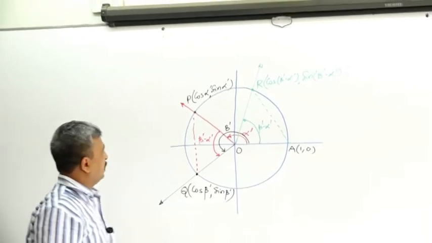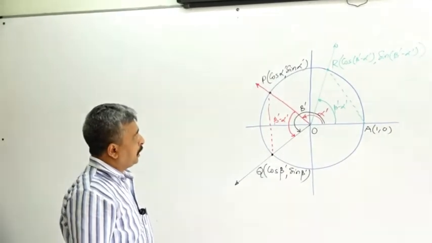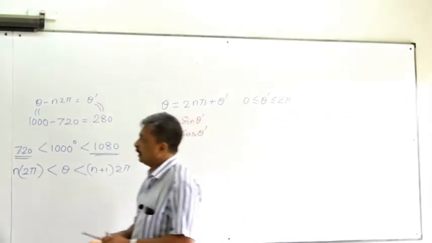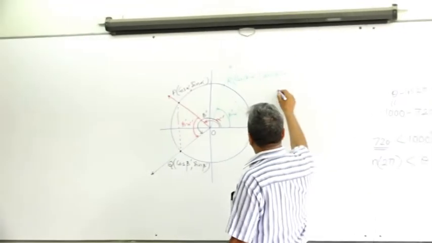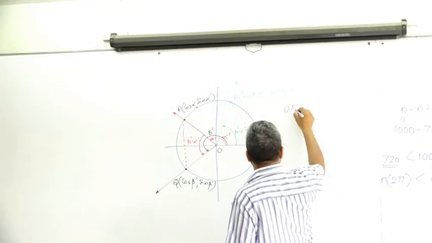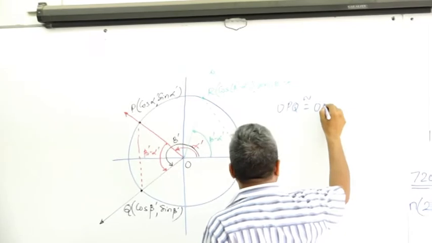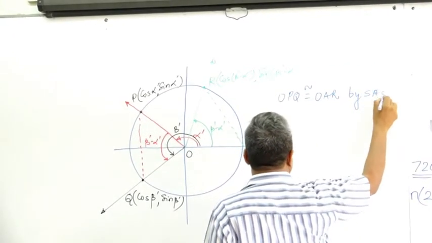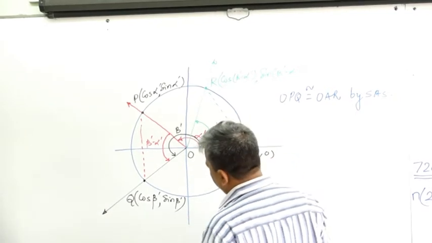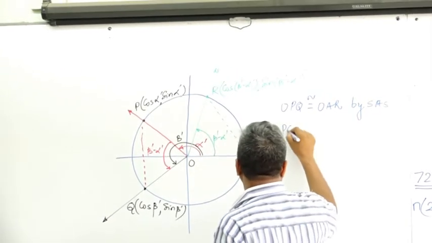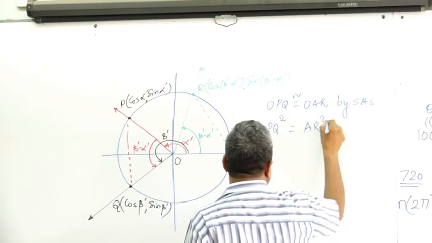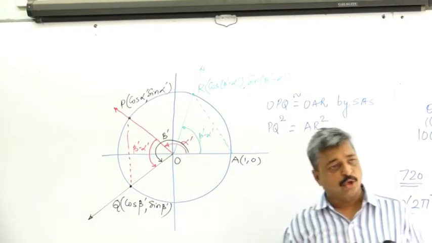Now, are these two triangles congruent? OQP and OAR, are they congruent triangles? By which test? SAS, correct. So OPQ is congruent to OAR by SAS. And therefore, by CPCT, PQ square is equal to AR square. Yes or no?